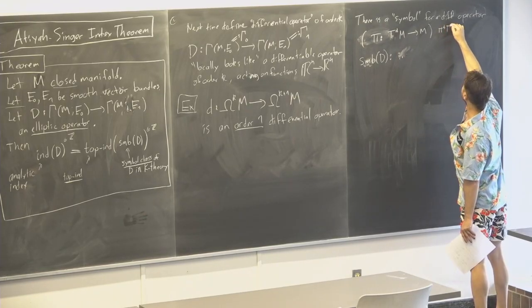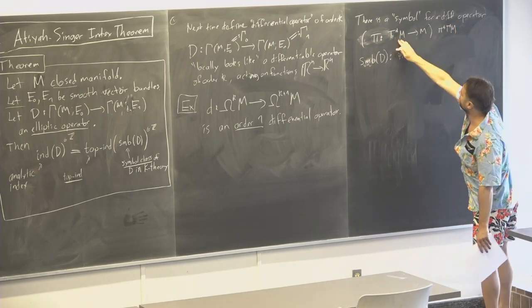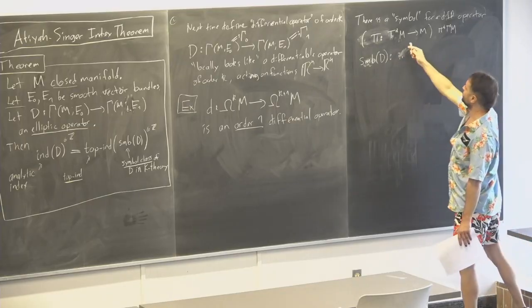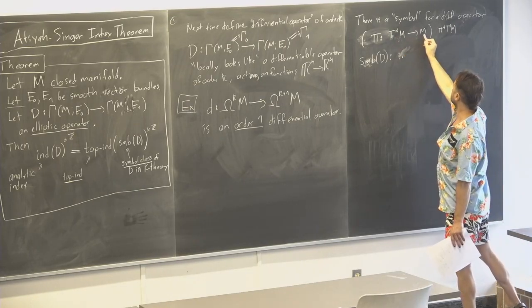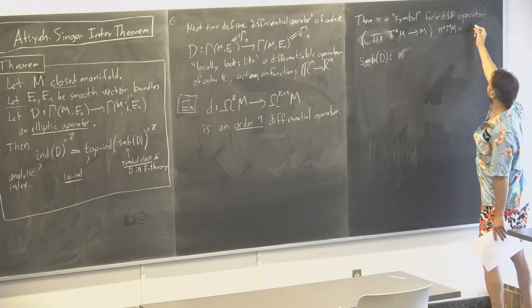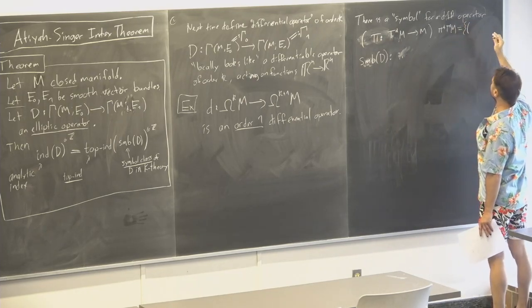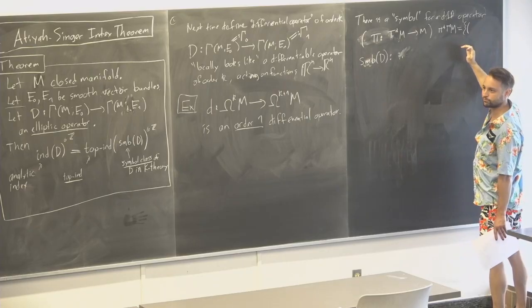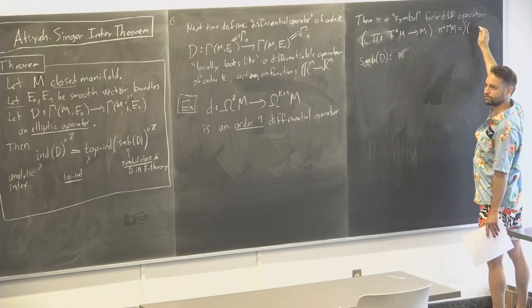Okay, so let's take this bundle. So imagine that we take this bundle and pull it back to itself along pi. So what is this? Remember our definition of a pullback. Can the camera see here? Yeah. Okay.